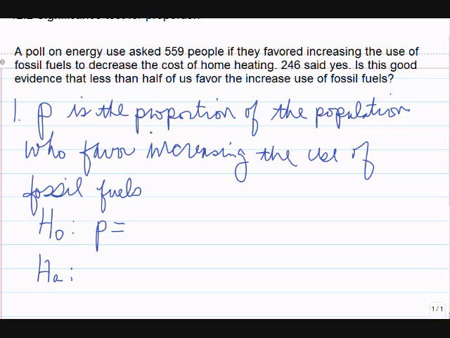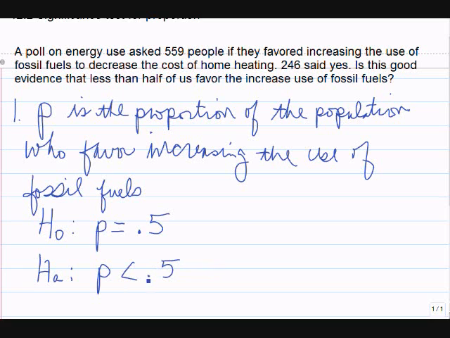My 246 out of 559 is a sample, and I'd like to see if that's good evidence that less than half of us favor the increase. I see a proportion buried in this problem, and it's 0.5. And my alternative is that the population proportion is less than 0.5.